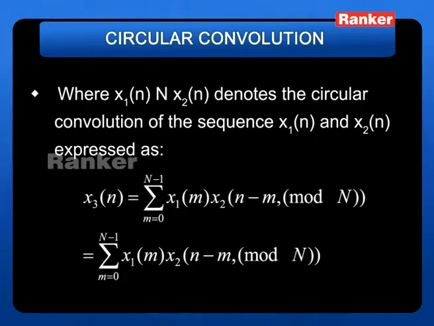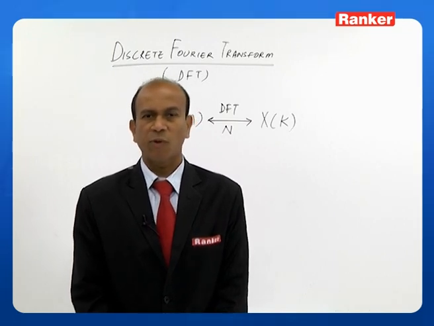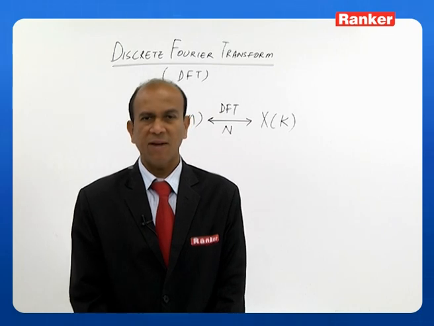So let's just see this. Circular convolution says x1 of n has a DFT x1 of k and x2 of n has a DFT x2 of k.